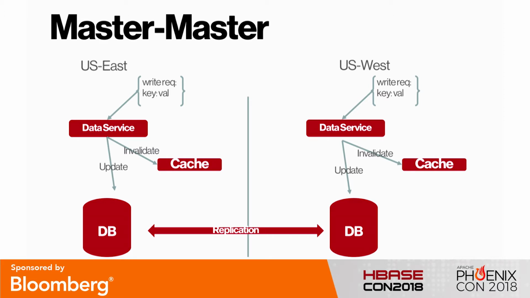The data service will update the database and then invalidate the cache, and the database replicates through the replication flow. Master-master is very common for most cases. I think most key-value use cases will just use master-master because there will be no conflicts among keys. And this replication is basically bidirectional replication.